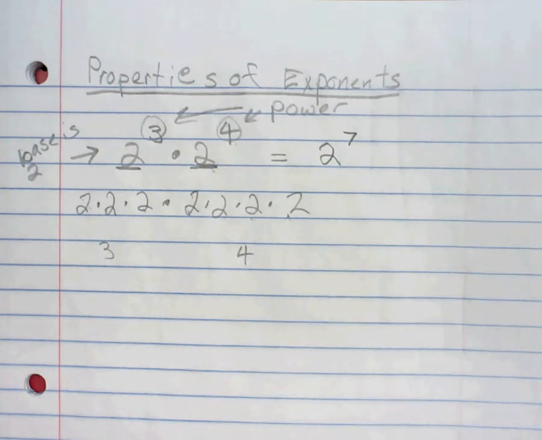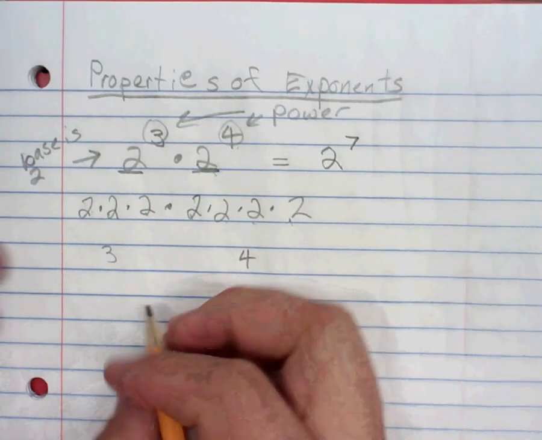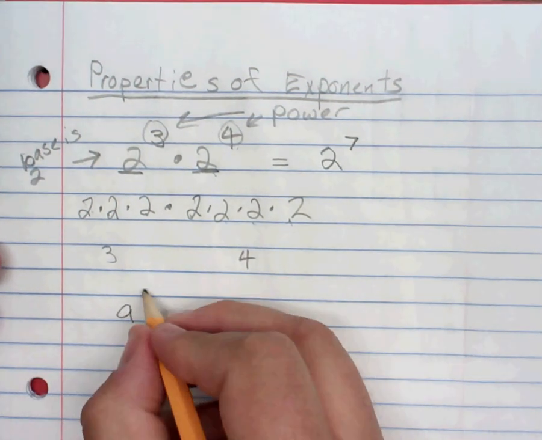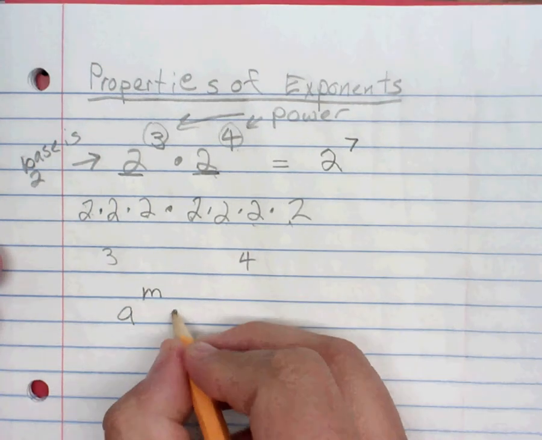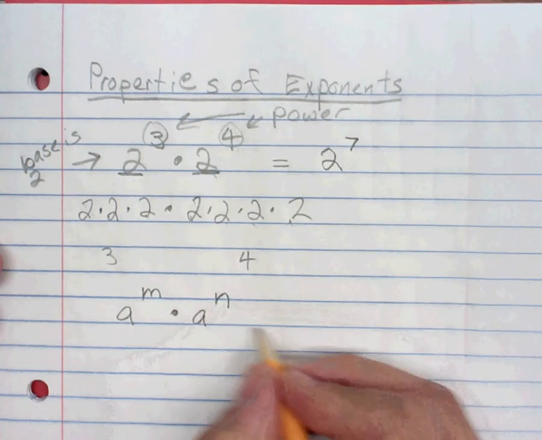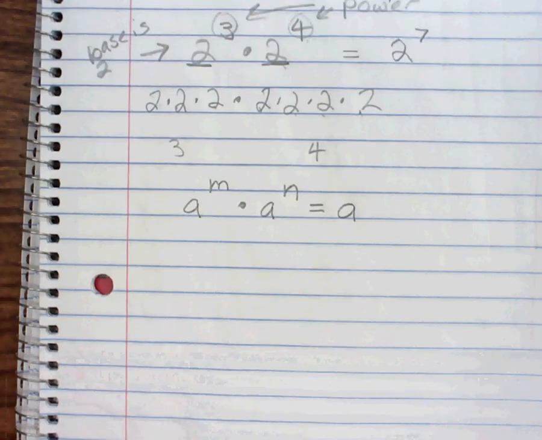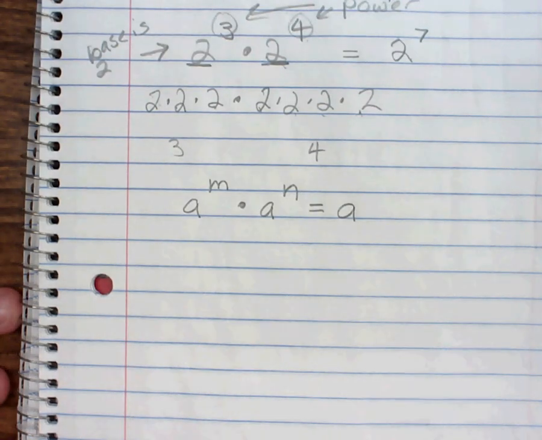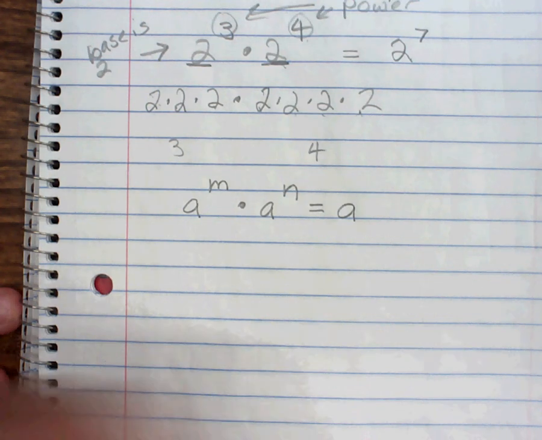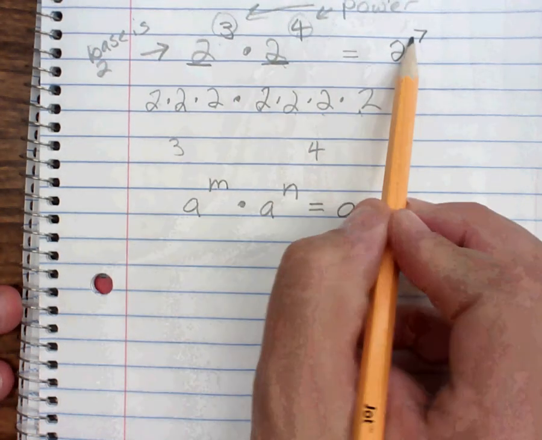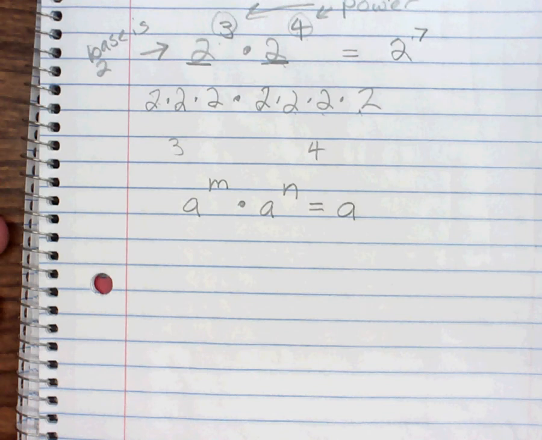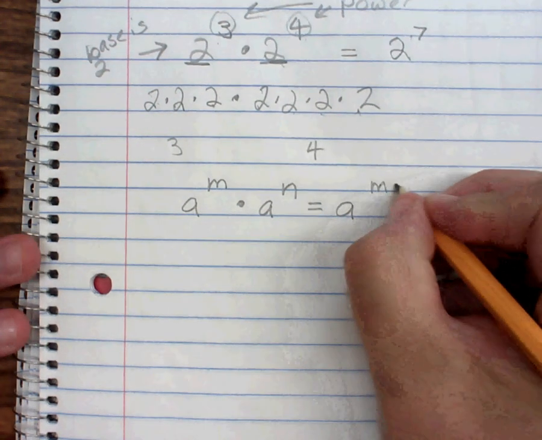Yeah? So what if I wanted to create a rule? What if I wanted to say a to the m times a to the n is equal to, what's the rule that I'm going to make up? What did I do up here to get this number? Can I say m plus n?